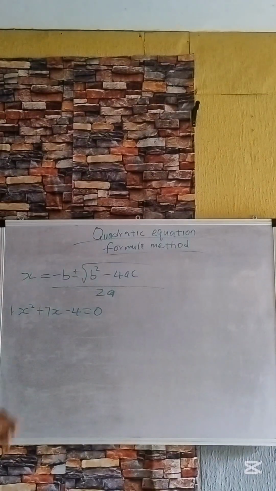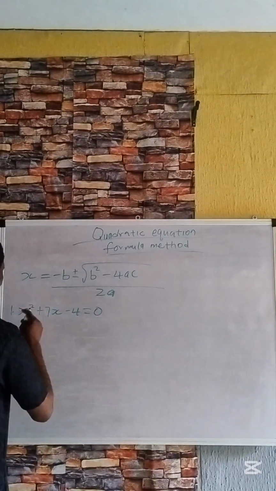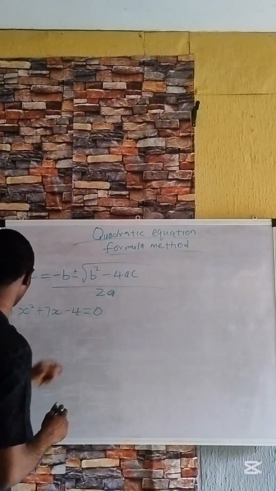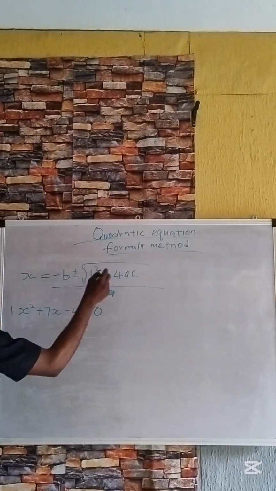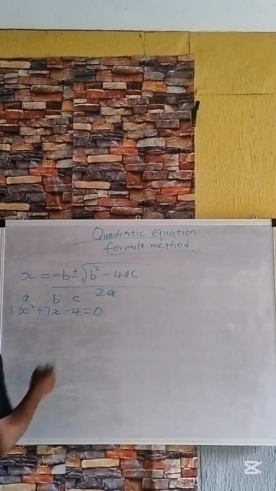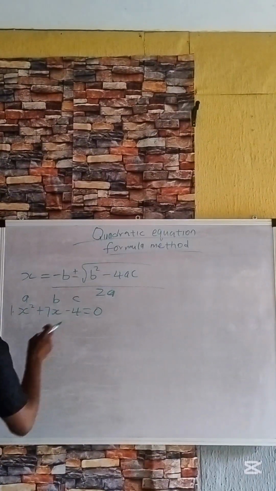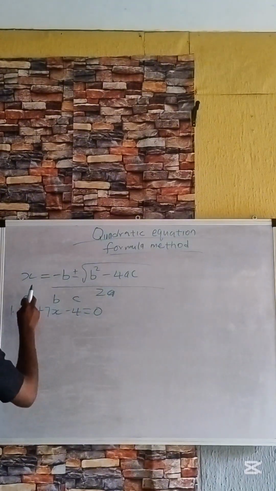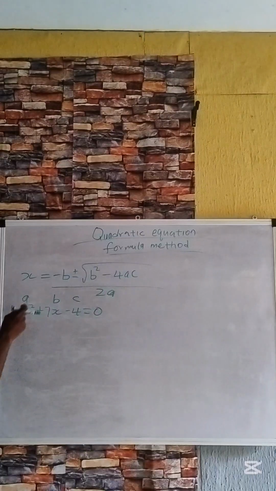Take note of this equation and mark x squared, x, and the constant 4 with the letters A, B, and C. This being the constant C, this being the coefficient B of x, and A representing the coefficient of x squared.